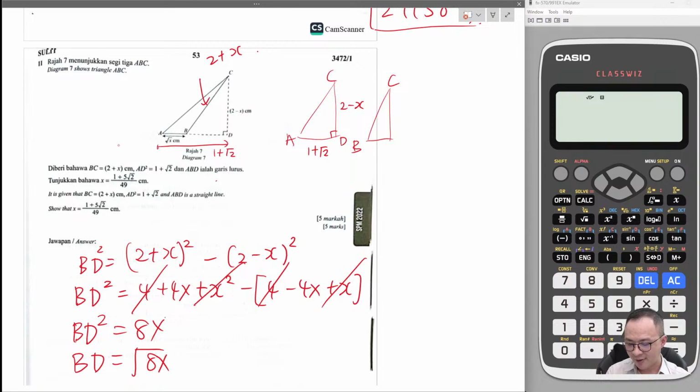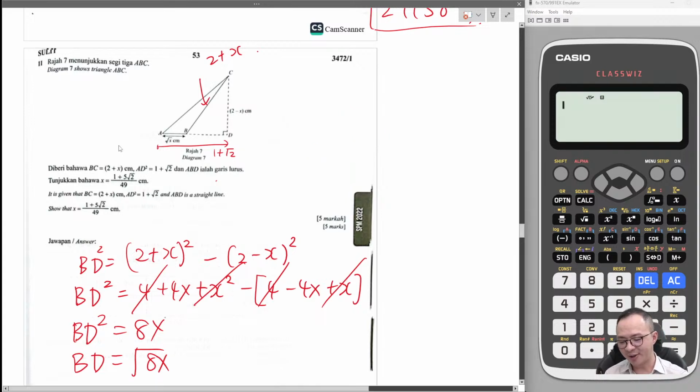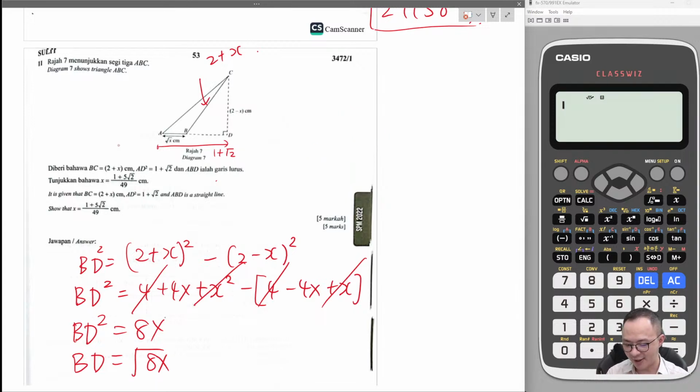Okay. Then, we can get the BD by taking the whole thing minus it, right? So we have another way to get the BD, which is we take the AD minus the AB.